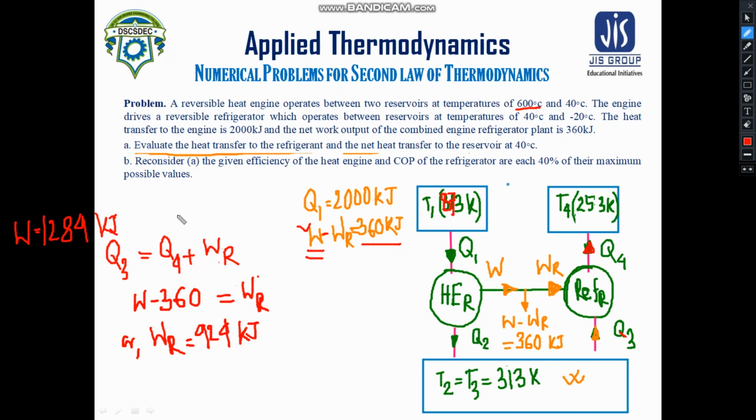Okay, now the question remains to calculate this Q3, because ultimately we need to know the summation of Q2 and Q3.